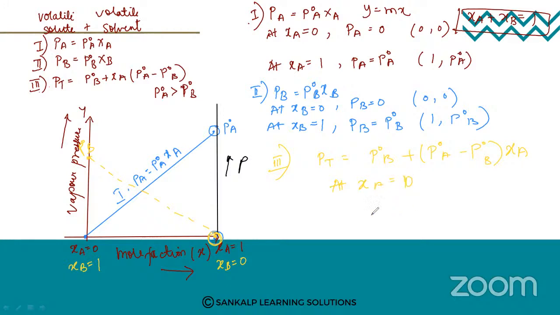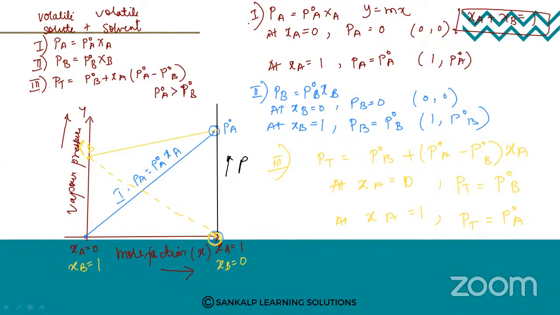When psi A equals 0, this term becomes 0, so PT becomes P naught B. At psi A equals 1, PT is equal to P naught A. So it will pass through this, from P naught B to P naught A, in a straight line. So this is the third one.